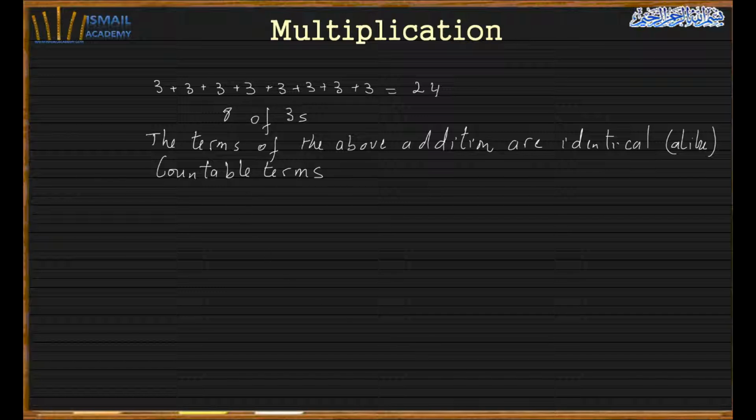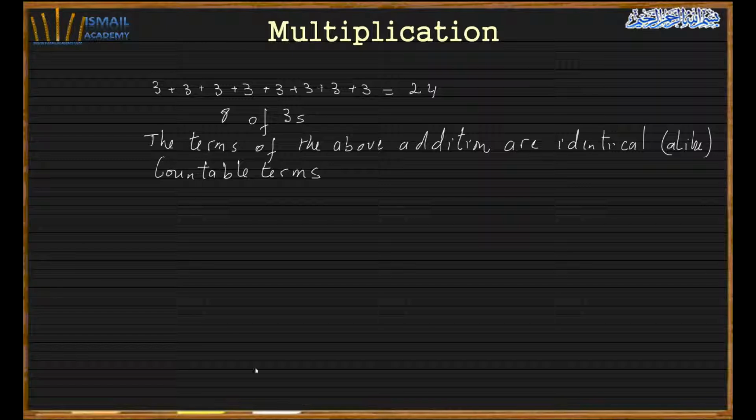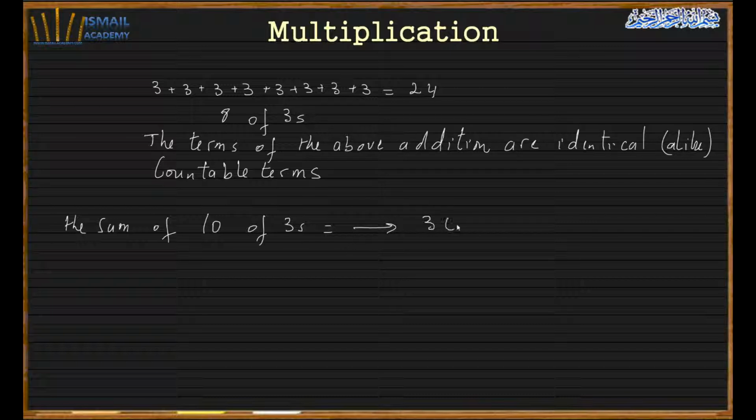So if I want to find the sum of 10 terms of 3, I will create the sum of 10 terms, I add them, then I will get 30.